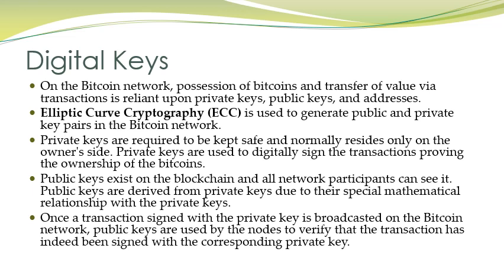Every computer engineer must read this book. Once a transaction is signed with the private key, it is broadcast on the Bitcoin network, and public keys are used by the nodes to verify the transaction.